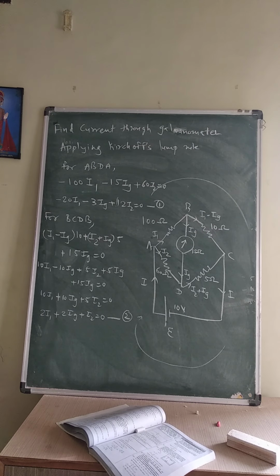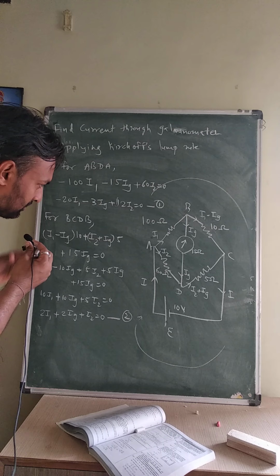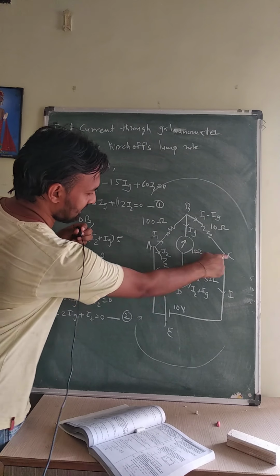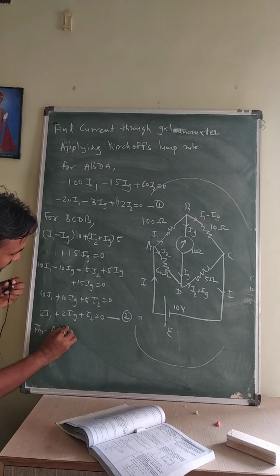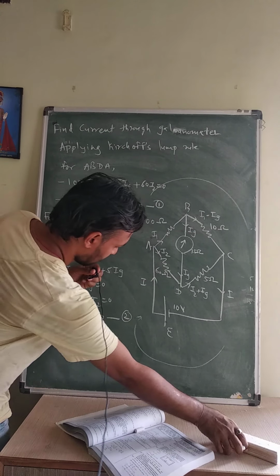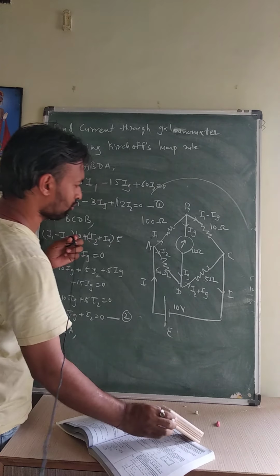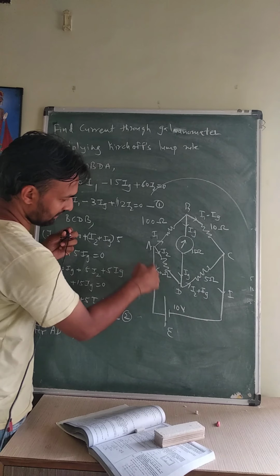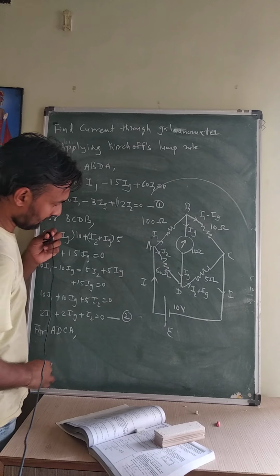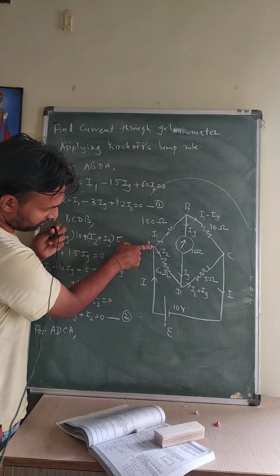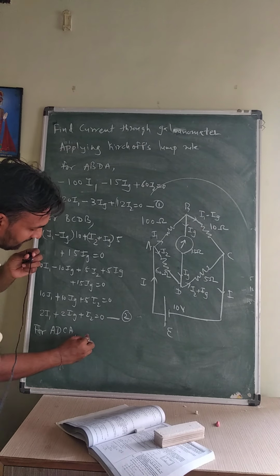Now, going for our third circuit, that is ADCA. For ADCA, again we are taking a clockwise direction. So this is the clockwise direction of journey through the circuit. So A to D, the direction of current through the resistor and the direction of journey are both in the same direction.